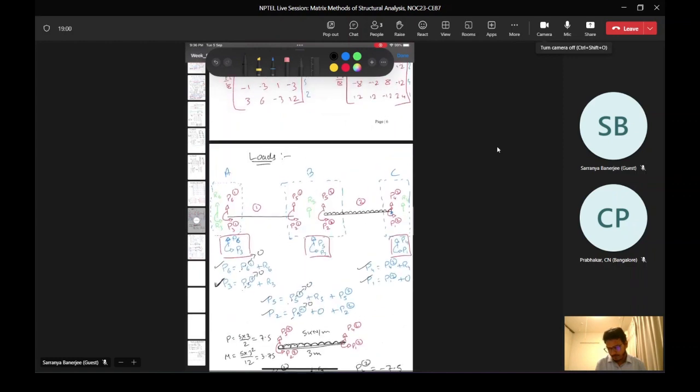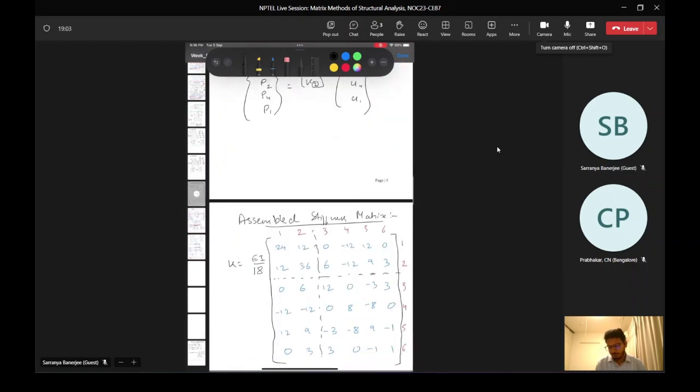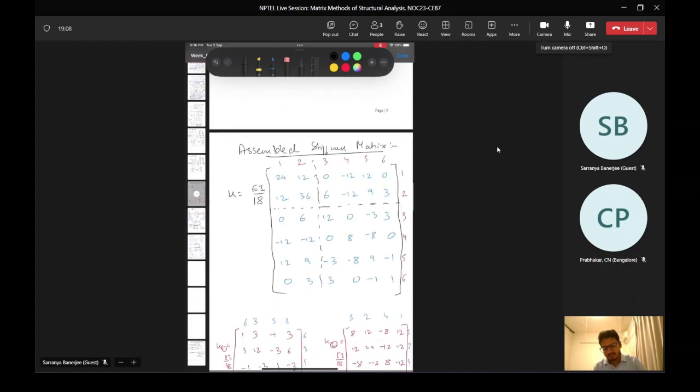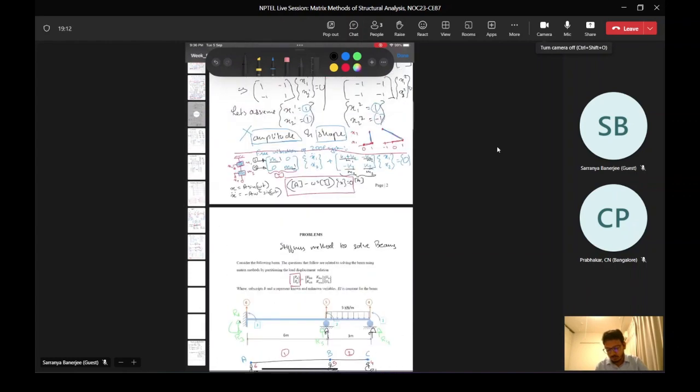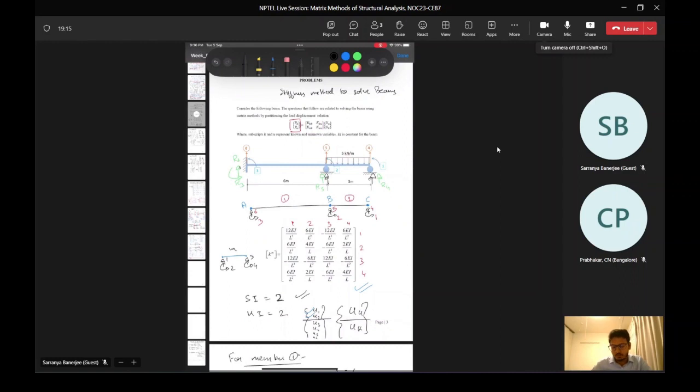Let's go here. Okay, so this was my assembled stiffness matrix. We already know the two unknown displacements. The two unknown displacements are, number one, the rotation at joint C, and number two, the rotation at joint B. So our first and second degrees of freedom are the unknown displacements and the known forces.